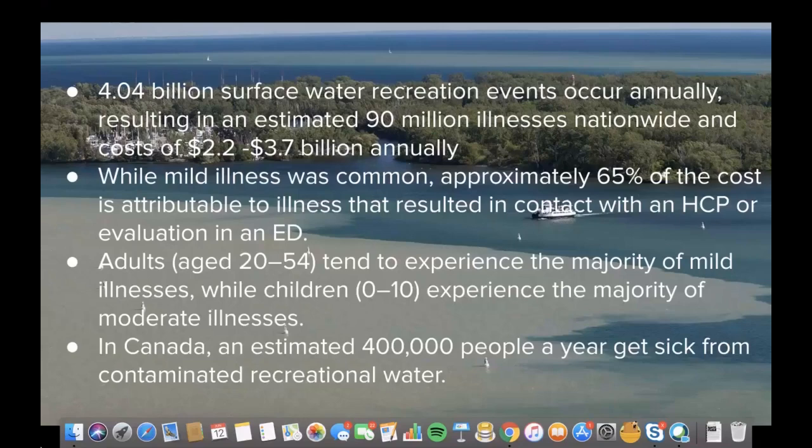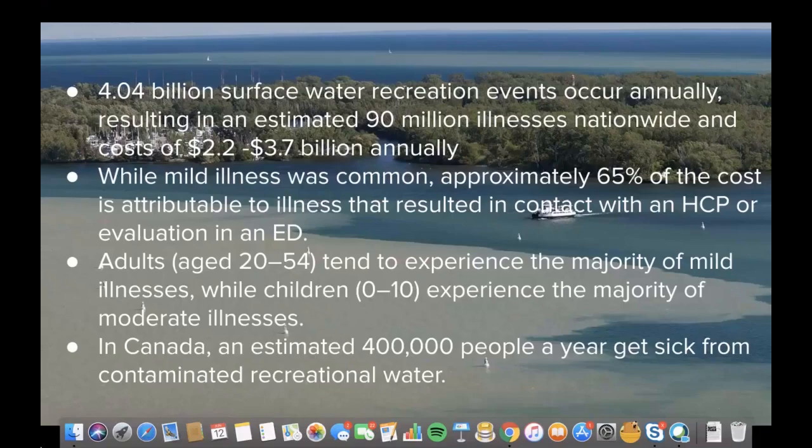About 65% of those 90 million illnesses result in contact with a healthcare practitioner or evaluation in an emergency department. And while adults tend to experience the more mild illnesses, it's the kids between 0 and 10 that experience the majority of the moderate to more severe illnesses.